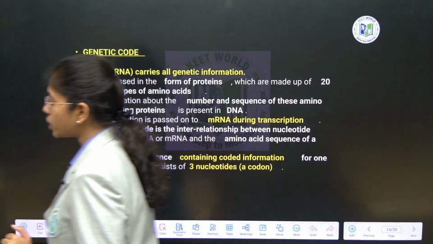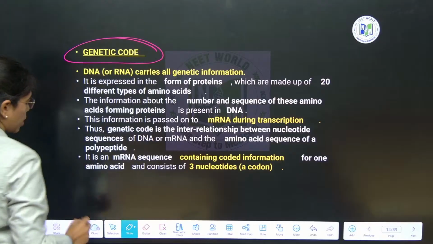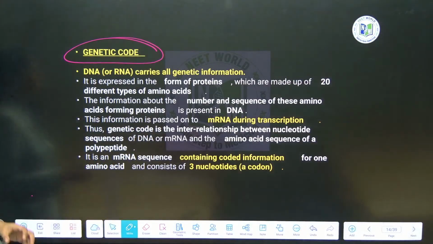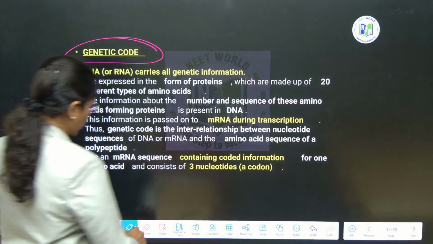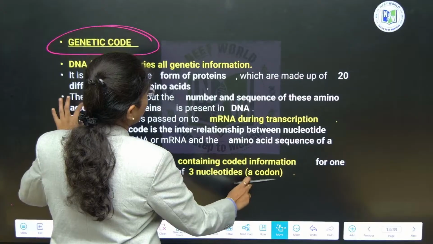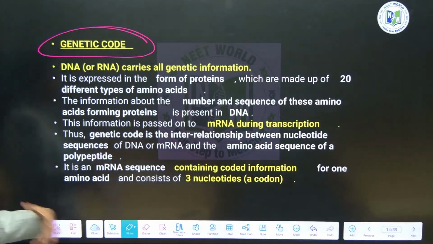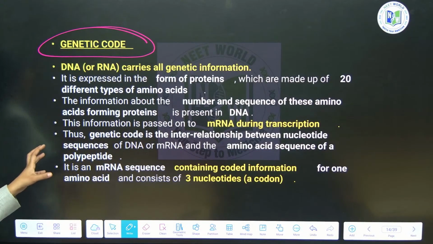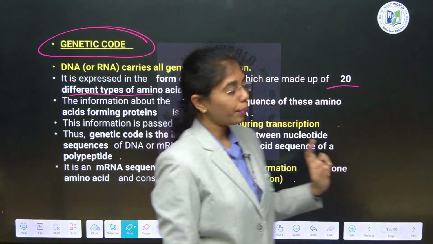So first, the genetic code. DNA or RNA carries all the genetic information, right? It is expressed in the form of proteins. How many amino acids are present? 20 different amino acids combine to form the proteins.